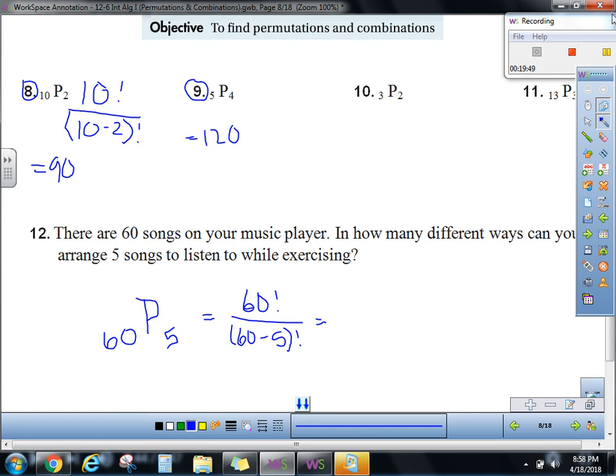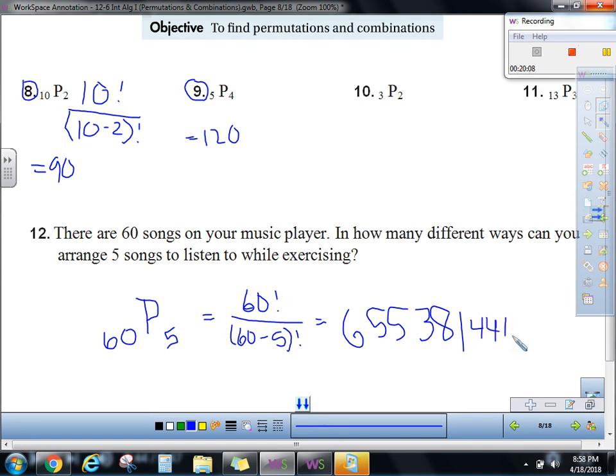I'll write it, but it's going to be sloppy. Okay, that's what you should see on your calculator. 655,381,440.